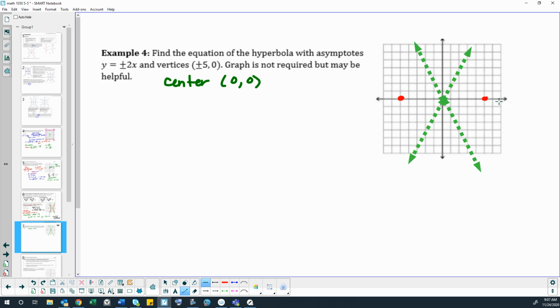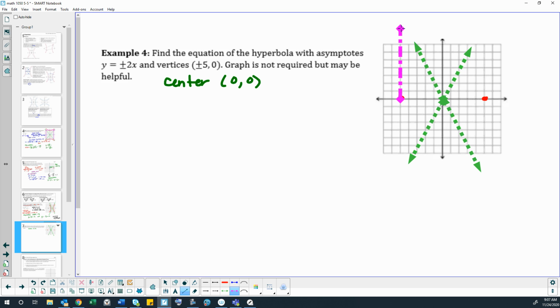Okay, now the reason that's really important to know is that just because our slope is 2 over 1 doesn't mean that our box is going to be 2 by 1, because obviously the vertices are at 5. So in order for us to get that same slope with our vertices at 5, the other direction, the b direction, is going to have to go up to 10, so that we have that slope of 2, or 10 over 5 would be 2, right?